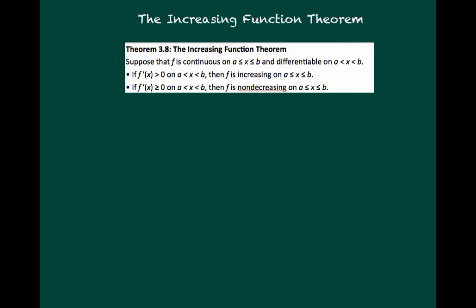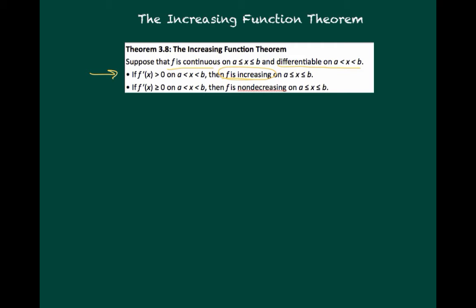The increasing function theorem is pretty straightforward. Once again, if f is continuous on a closed interval and differentiable on an open interval, so once again, we're not going to worry about functions that have corners or cusps or holes or jumps. But if the derivative is positive from a to b, then f is increasing. So positive derivative means that the function's increasing.